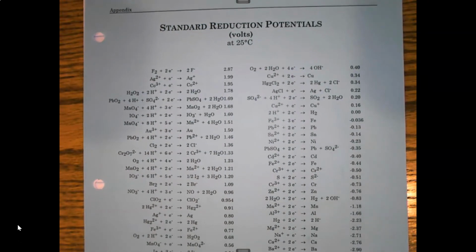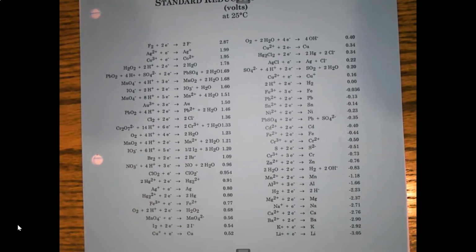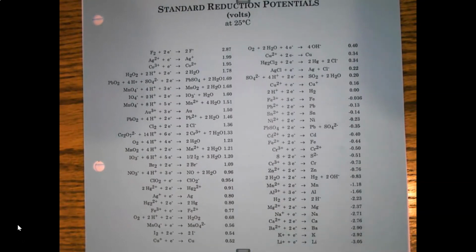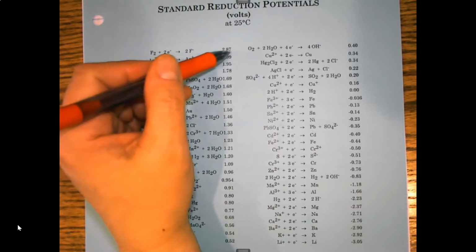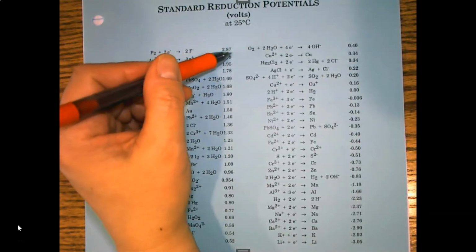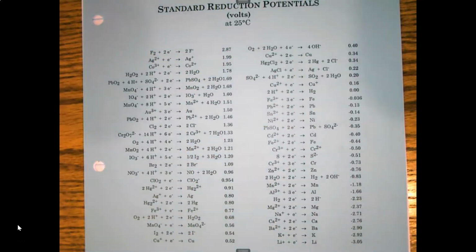It shows you the different values of the electron potential of the movement of the electrons in that reaction. So for example, fluorine gaining 2 electrons to become fluoride has a huge reduction potential. That's a lot of potential voltage available if used in the right way.